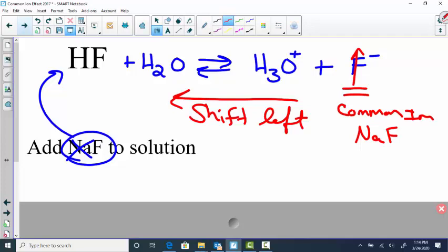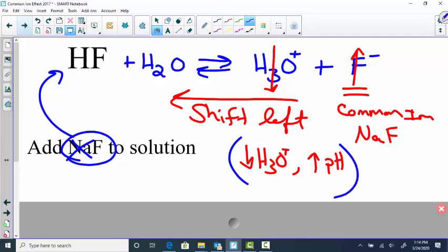If that's shifting left, then H3O plus is decreasing. So there's a decrease in the hydronium ion concentration, which means there's an increase in the pH. Stop and process that a little bit. That's an important process to make. If I decrease H3O plus, the pH increases.